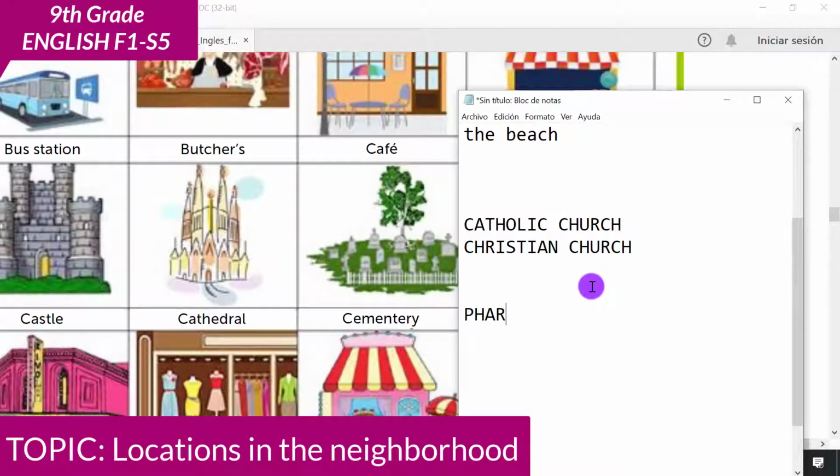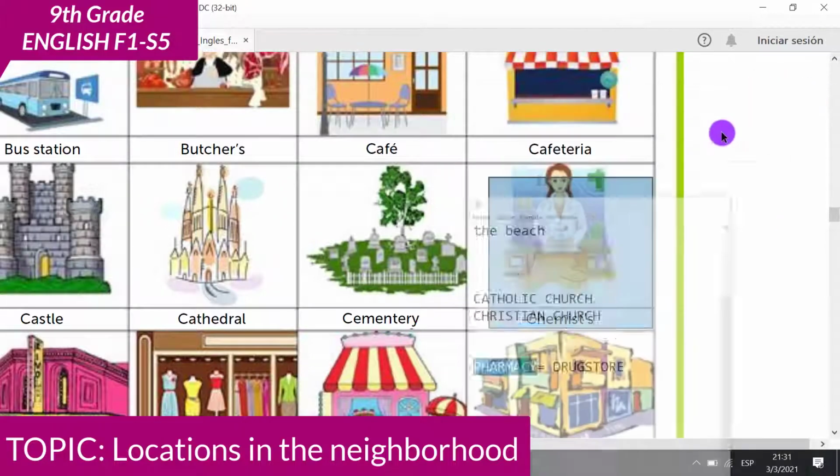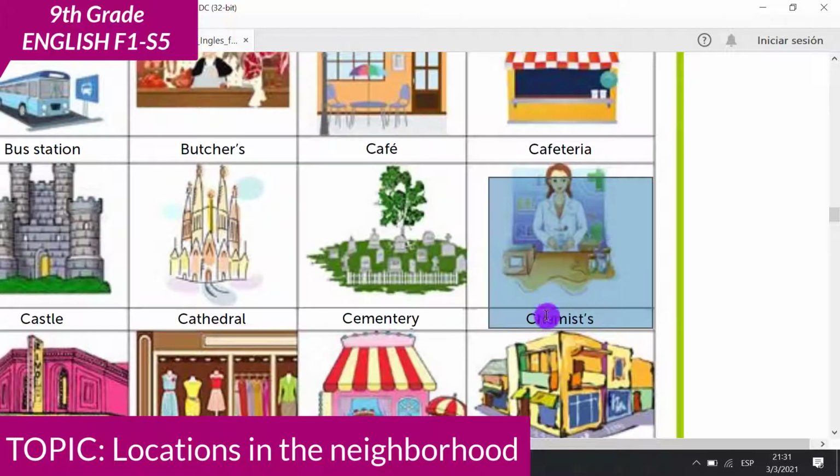Se dice así, pharmacy. En algunas ocasiones la gente dice drugstore, pero lo más común es decir pharmacy, que es más o menos lo mismo que quisieron decir aquí con chemist.